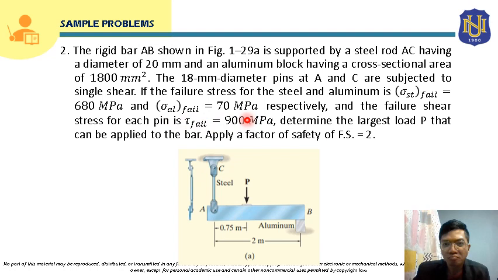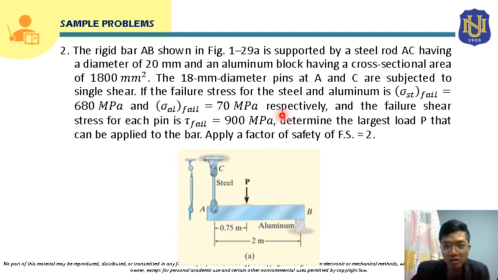So again, for the steel, we have here the allowable normal stress. We can solve for that using the stress at failure and the factor of safety. And for the aluminum, the aluminum block is this, so there is also a normal stress at failure for the aluminum block, and we can solve for the allowable normal stress for this aluminum block also.